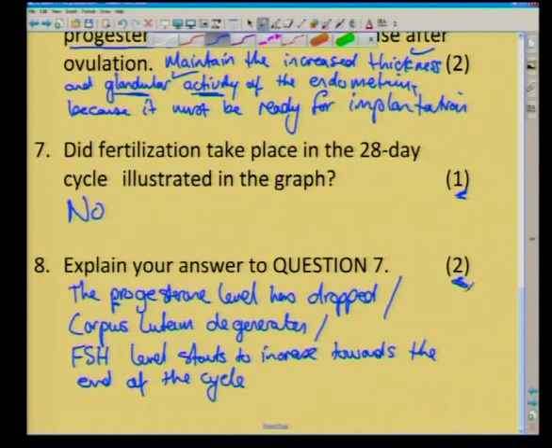All right? So really not a difficult section. Make sure that you understand and that you know how those different graphs work together. So you're looking at your gonadotrophins, the follicle stimulating hormone and your luteinizing hormone, how that affects the estrogen and progesterone, how it affects the development of the Graafian follicle and the corpus luteum, and then the lining of the uterus, because they all 4 work together.